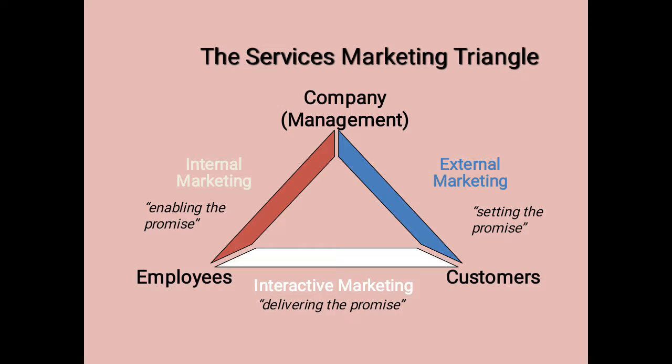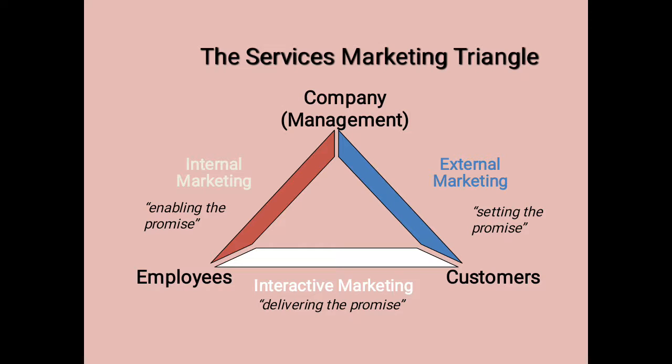We find that there are three important aspects of the service marketing triangle: the company, the employees of the company, and the customers. First and foremost, the company has to do something called internal marketing, where the management of the company needs to educate the employees regarding a product, regarding how they are able to enable a particular product promise.